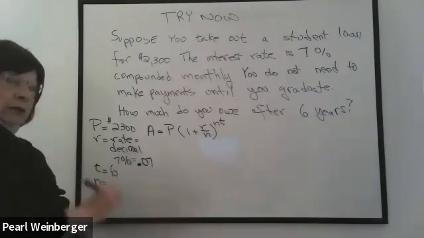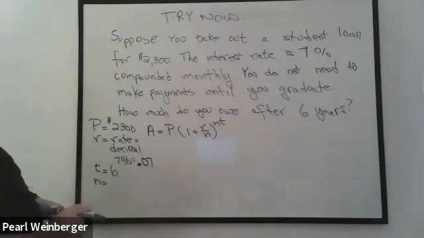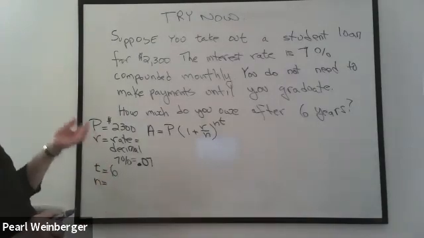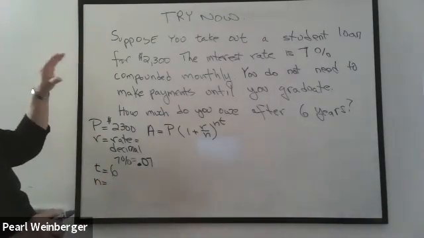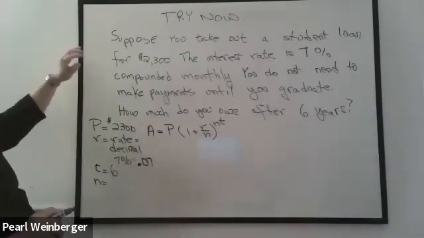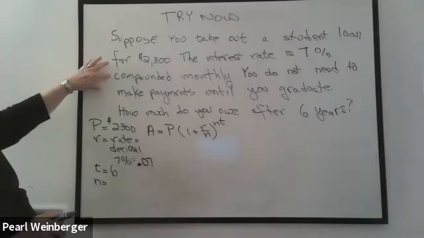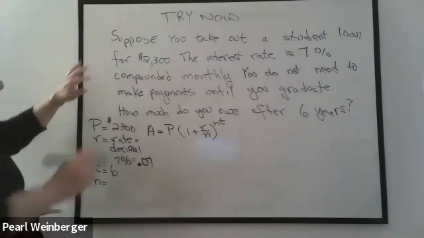And the N stands for the number of times each year the interest is being figured out. It's called the number of times the interest is compounded. Now, the hint is that they told me that the money was going to be compounded monthly.